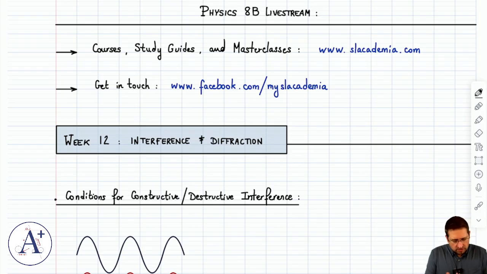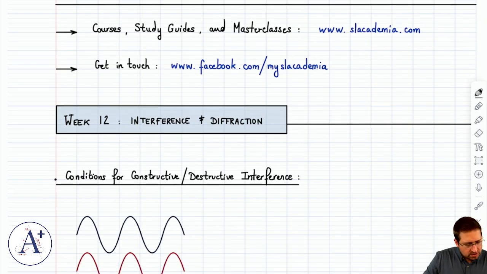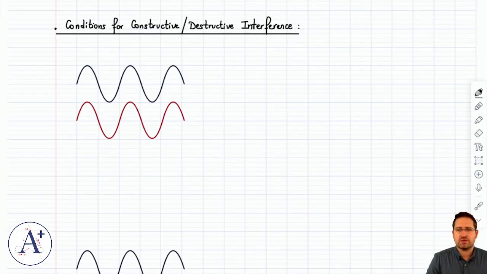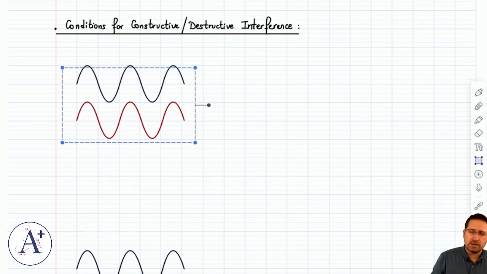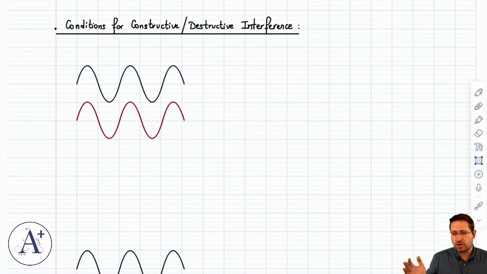So let's talk about constructive and destructive interference first, and let's be clear that we will typically use a laser, although not exclusively, but let's assume for the sake of argument today that we're using a laser. I'm not claiming that I have a blue laser and a red laser. I'm claiming that I have one single laser, whatever the color, let's say red, but I chose to draw two waves with different colors to track them separately, okay?